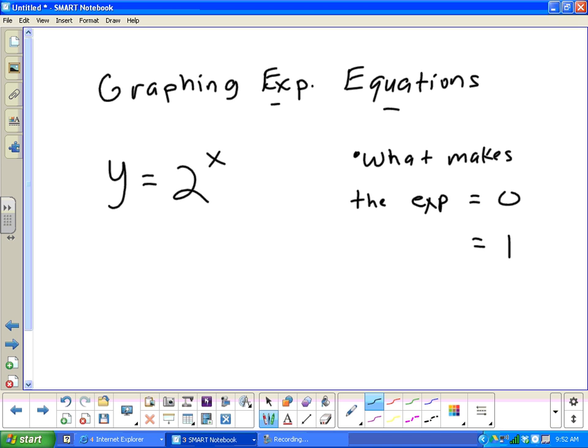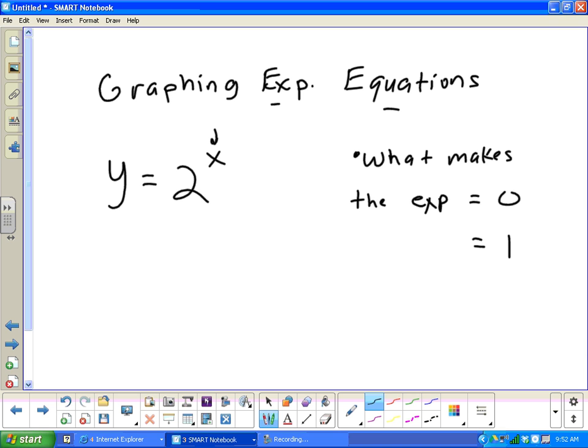And what we're going to do with those values is put them into a t-table. In this one, it's pretty simple. What would make this unknown exponent 0, and what would make it 1? 0. And what would make it 1? 1. Pretty simple.